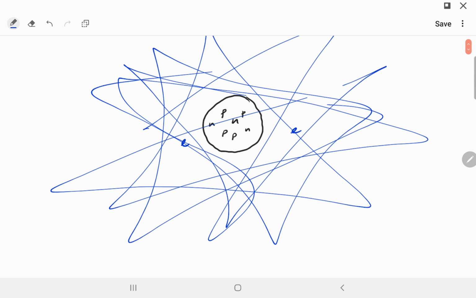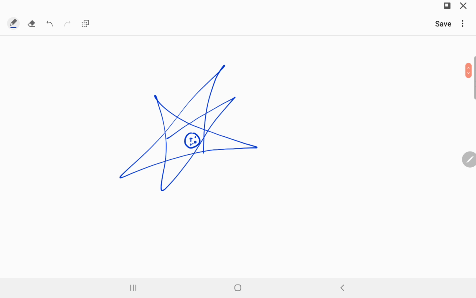So this is how atoms look. You have a small nucleus in the middle where you have your protons and the neutrons, and then electrons are running around crazy around the nucleus. That is how an atom looks.